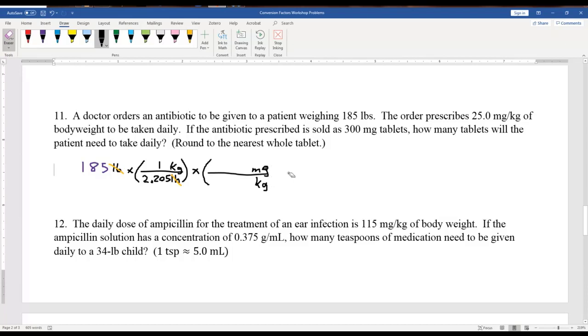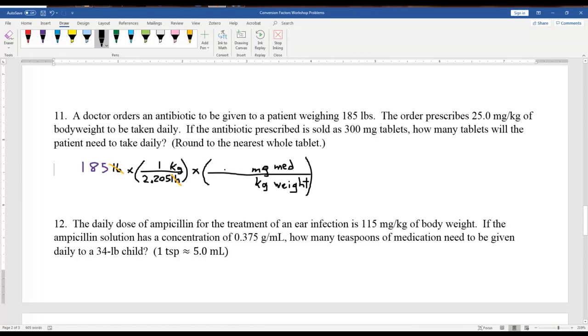Well, not exactly. If you just write it like that, you might think it's a metric conversion. This is actually not a metric conversion because we have to keep in mind that we're comparing weights of different things. This is milligrams of medicine to kilograms of body weight. So there's no metric conversion that allows us to convert between those. We need the order from the doctor to be able to do that.